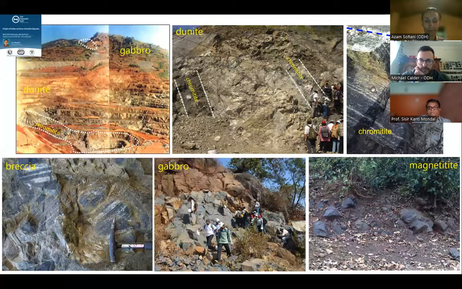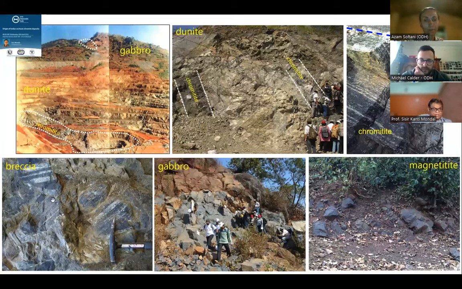And the character of the chromitites is like this. Depending on the modal abundance of the ferromagnesian silicates, we have spotted, leopard type, then screen banded, massive, and stratified chromitites, different types within these ore bodies.